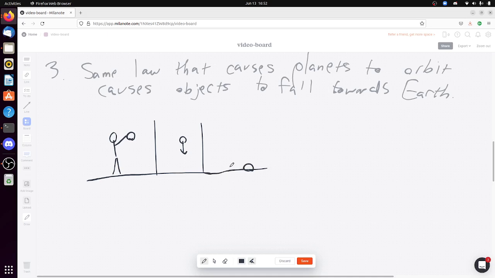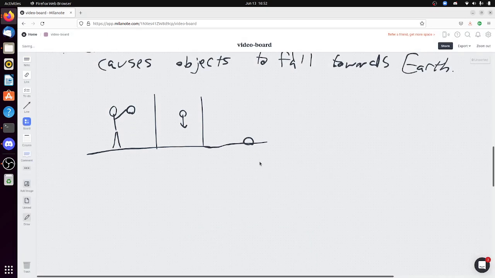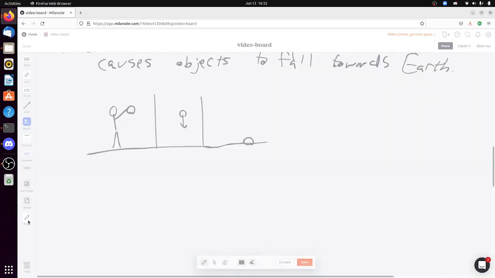So one way to look at this is to imagine a gigantic Earth. This obviously won't be drawn to scale, but imagine the distance to the very center of the Earth. Imagine this is the whole Earth.